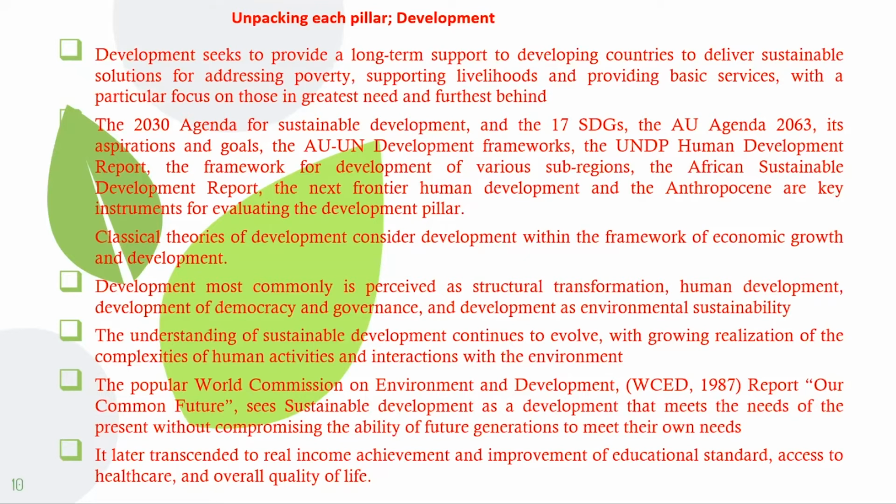The 2030 Agenda for Sustainable Development and the 17 SDGs, the AU Agenda 2063, its aspirations and goals, the AU-UN development frameworks, the UNDP Human Development Reports, the framework for development of various subregions, the African Sustainable Development Report, the Next Frontier Human Development, and the Anthropocene are key instruments for evaluating the development pillar.